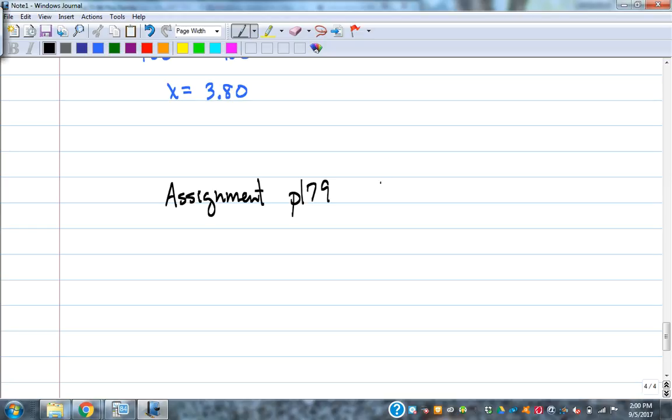So on page 179, 3 through 29, 33, 34, 35, we're going to do all of them on that page. But we're going to quiz tomorrow over percent problems. So we're not taking a whole week to learn how to do percent problems. You've got to get it today and in questions tomorrow. So make sure you're working today, getting this stuff down. And then we're going to move on to solving equations for a particular variable after that.